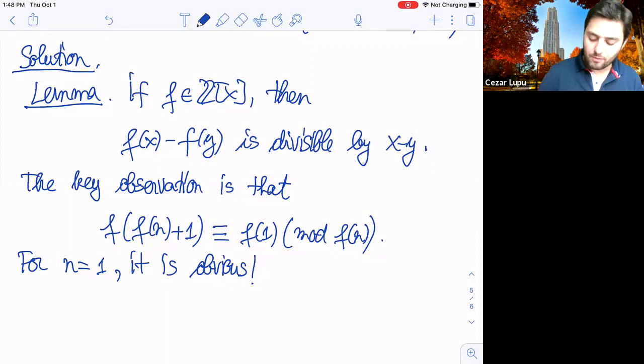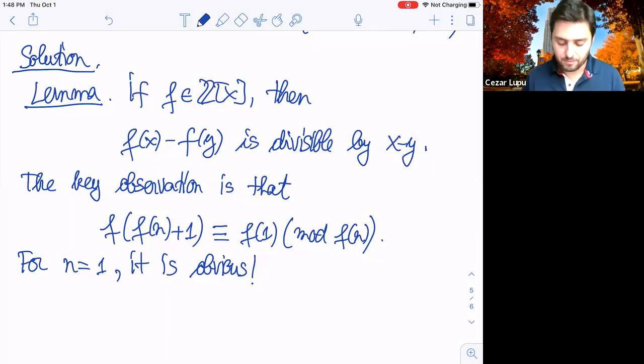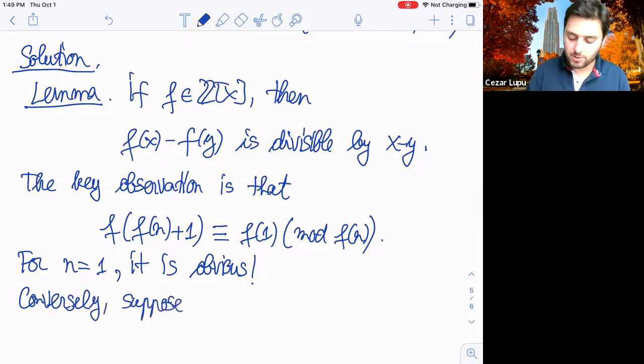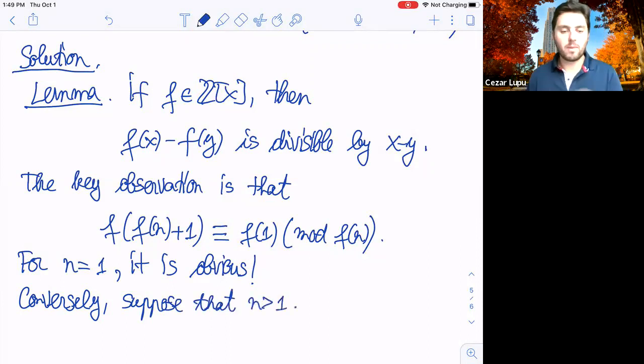Now, for the other implication, conversely, suppose by contradiction that n is greater than 1. So remember, we have to show that if f of n divides f of n plus 1, then n equals 1.